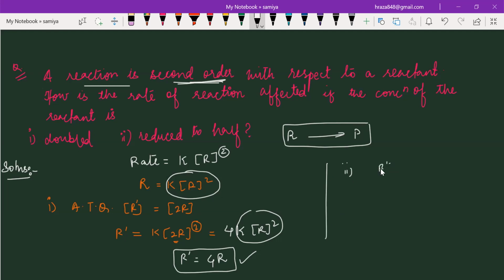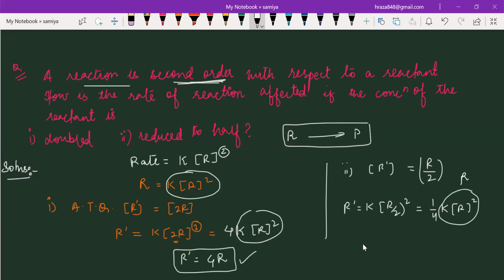According to the question, the new concentration is half of the initial. So R dash will be K times R by 2 whole squared. This can be written as 1 by 2 squared, that means 1 by 4. So it will be 1 by 4 K R squared, and this is the value of the initial rate of reaction. So R dash will be 1 by 4 times the initial or old rate of reaction.